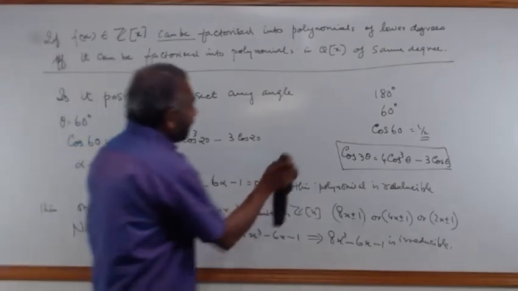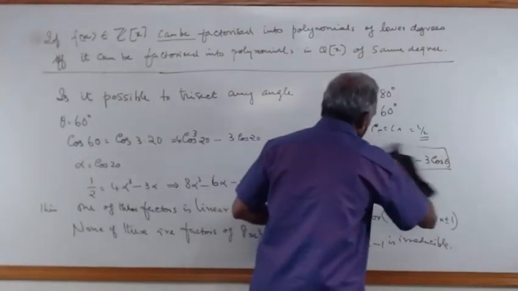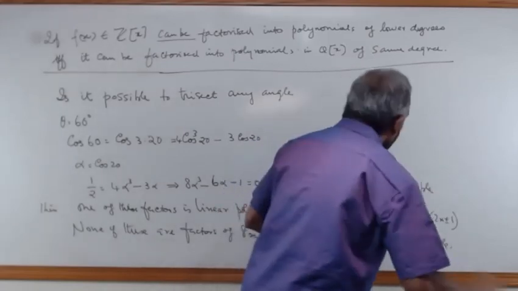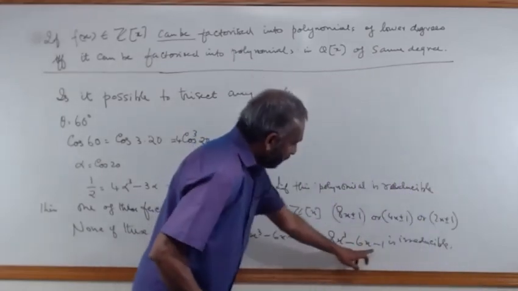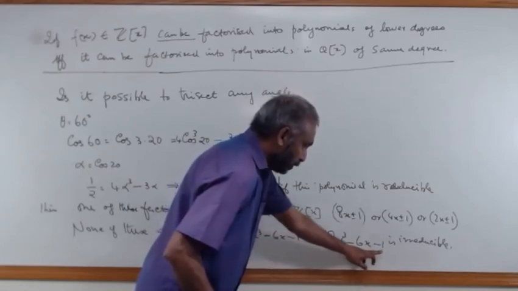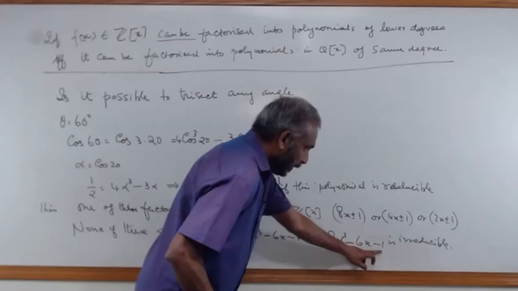So what does that mean? That means, you have this polynomial in Q of x, which is irreducible in Q of x.